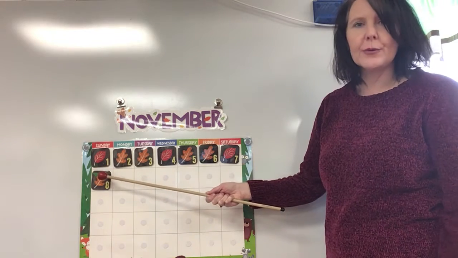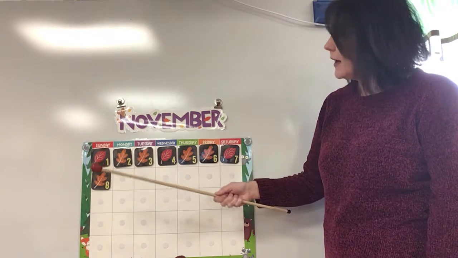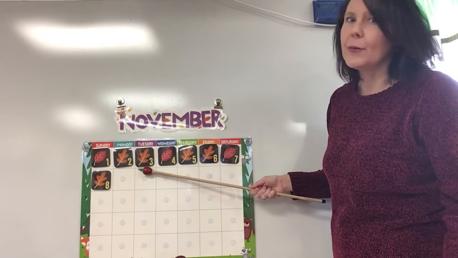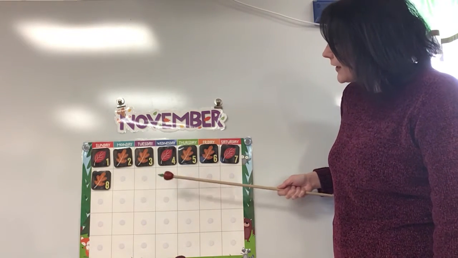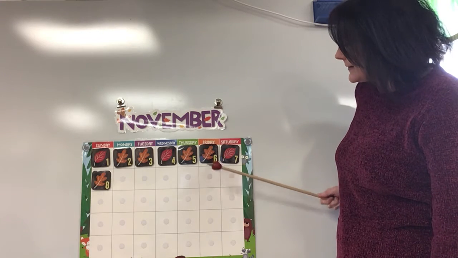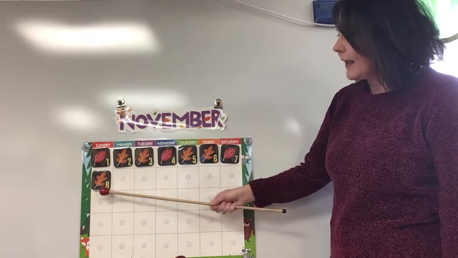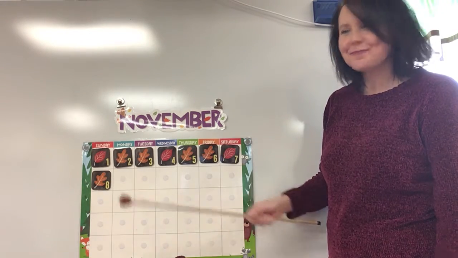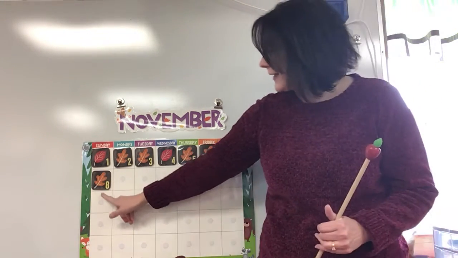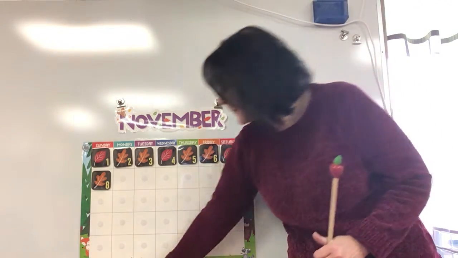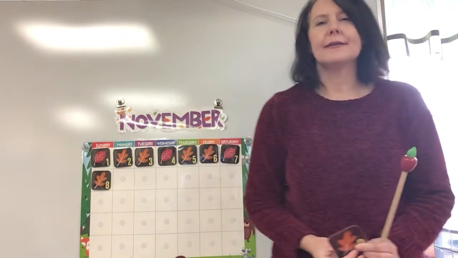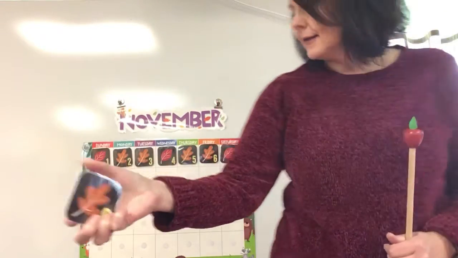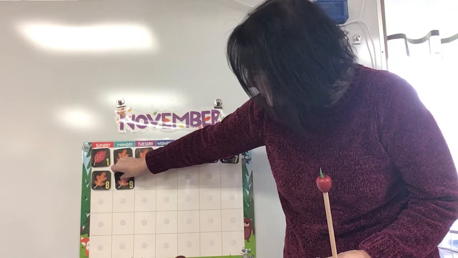And let's count and see what the next number is going to be today. 1, 2, 3, count with me, 4, 5, 6, 7, 8, 9. After 8 comes 9. This is what a 9 looks like. Number 9. Let's put it right on our calendar.